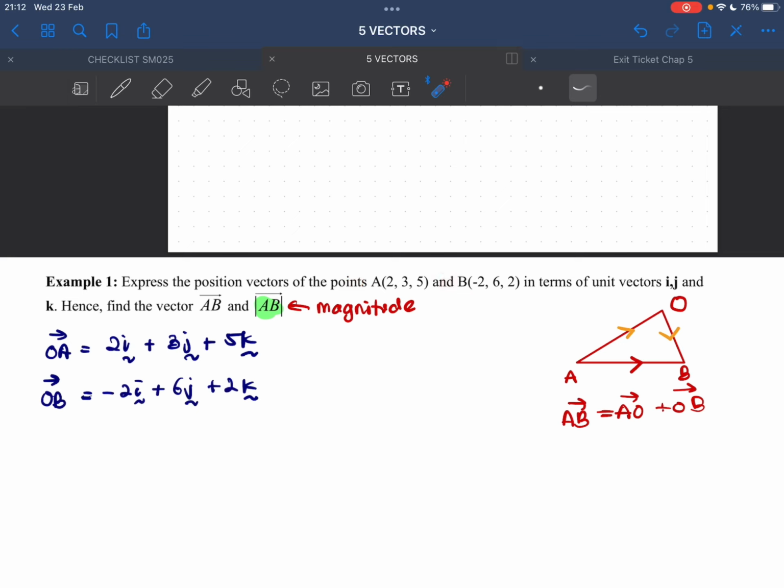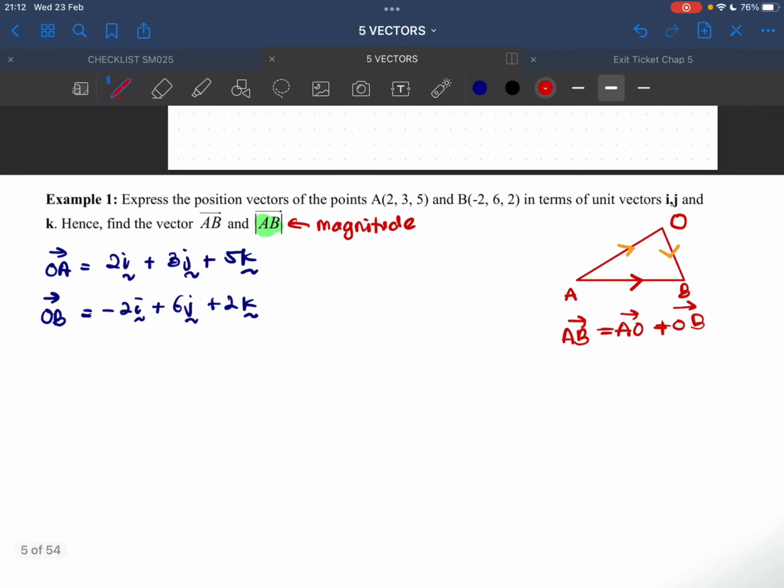Okay, but the problem now is we want to find AB. The formula is AO plus OB. But we only have OA, not AO, and we have OB here. So what you have to do is put a negative, because we have OA here. Remember the negative vectors.